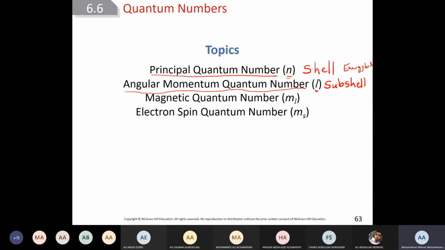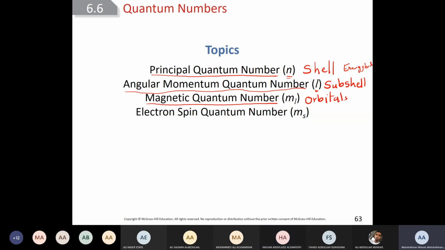What's the third quantum number? Magnetic quantum number. What's the other name that we're going to use always for it? Orbitals. We're going to use orbitals.